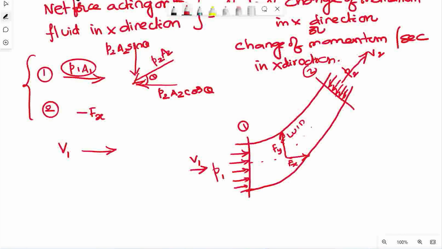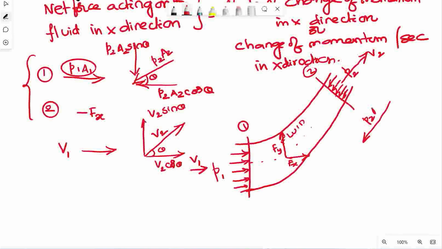How is V2 acting? V2 is acting like this. Then what is the component if this is theta? V2 cos theta is in the x direction and V2 sin theta is in the y direction, right? So the pressure diagram is first, once again, this is how the pressure forces are.